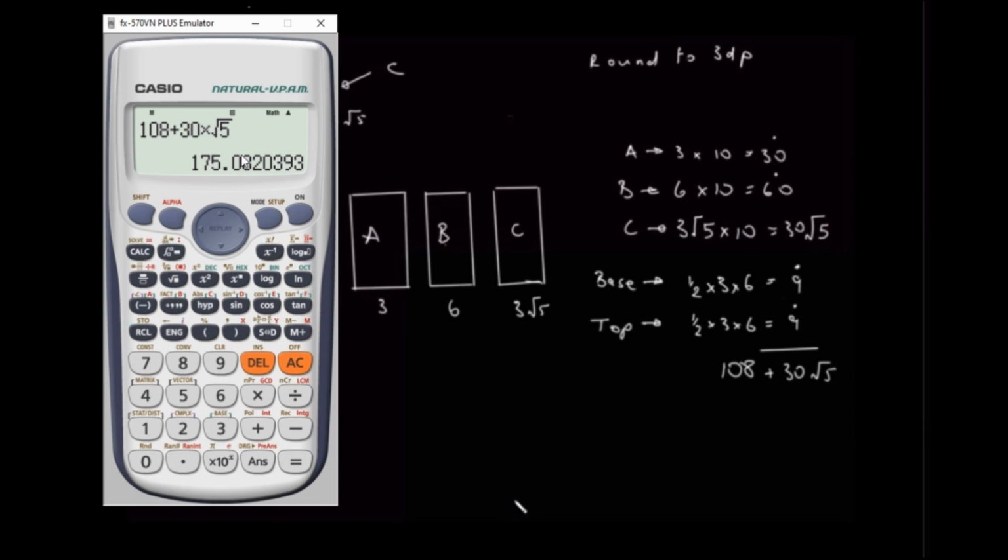Well, there's 1, 2, 3. So the cutoff is between the 2 and the 0. The 0 is less than 5, so we do not change the 2. The answer is 175.082. No other digits. Hope that helped clarify a few things for you.